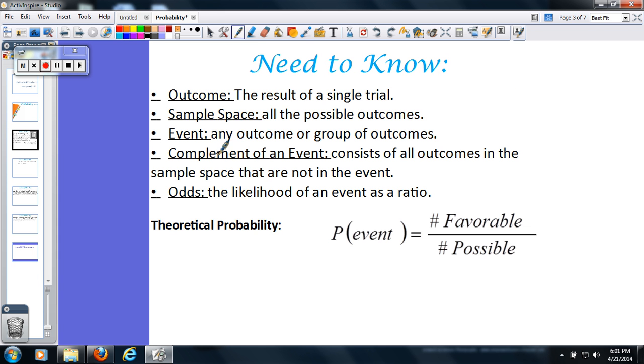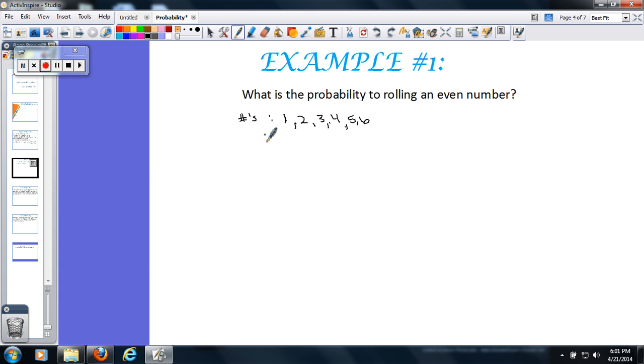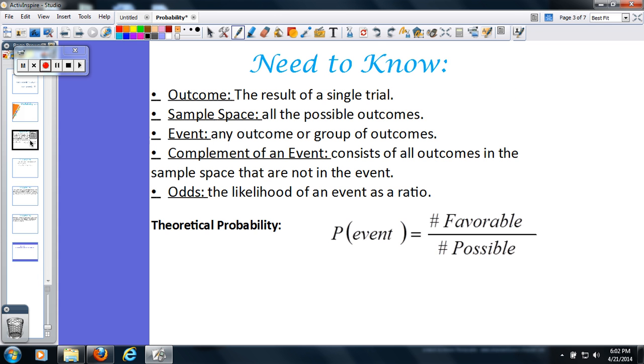Alright, so let's fill in some of these things. So the first thing is the sample space. So this would be my sample space. And you're not going to have to do this when you do a lot of these, but I just want you to get the hang of this. I probably will have you do them for this worksheet, but it's just so that you get used to the definition. So the sample space is just 1, 2, 3, 4, 5, 6. It's just all the possible outcomes. Okay? The next one is the event.